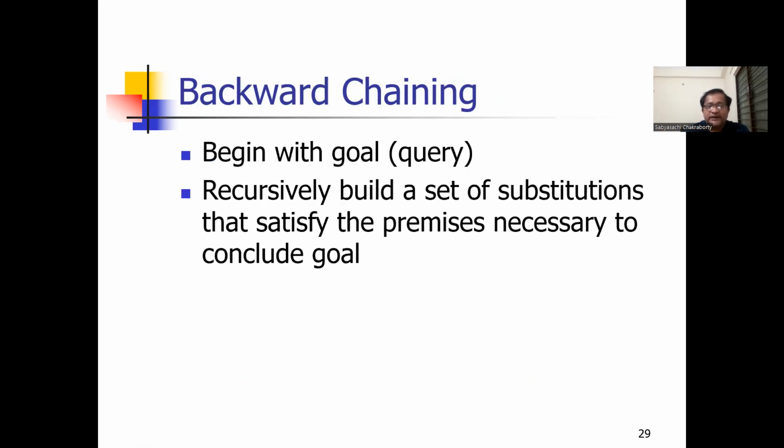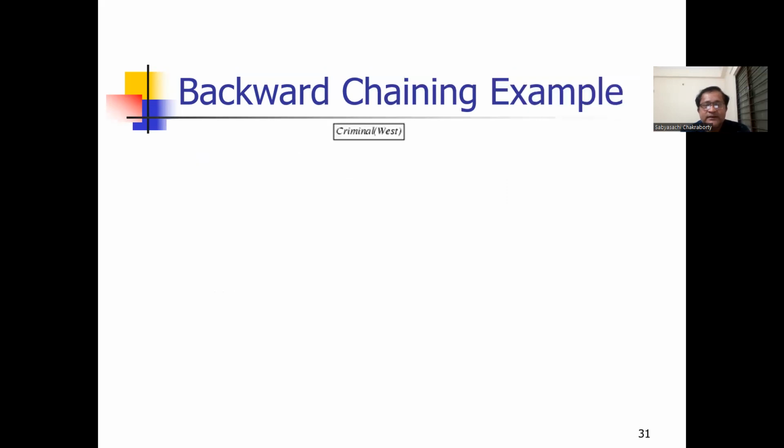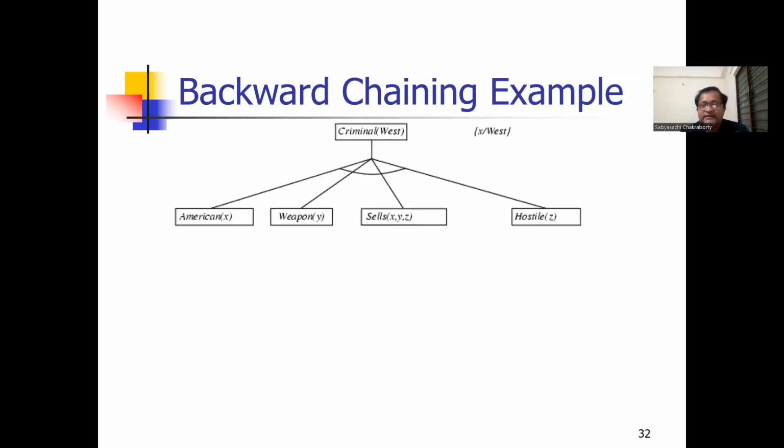Now we have backward chaining, just the opposite. It starts from the goal state, the assumption that West is a criminal. And when we have West is a criminal, then definitely X is an American, Y is a weapon, X sells Y to Z, and Z is hostile.